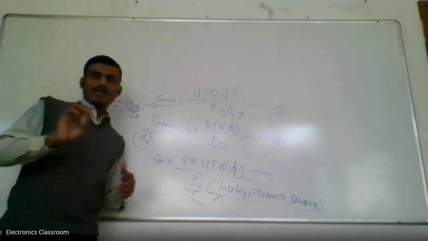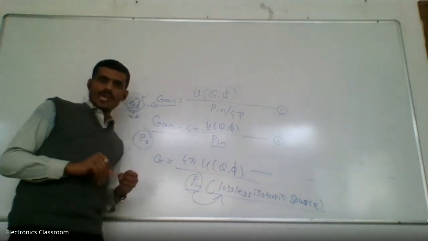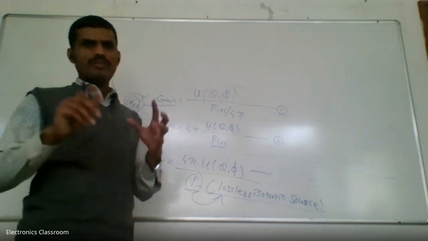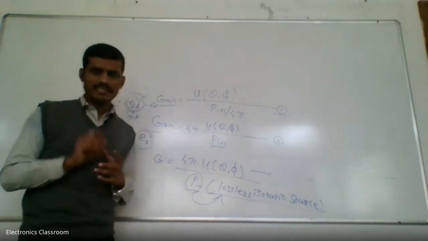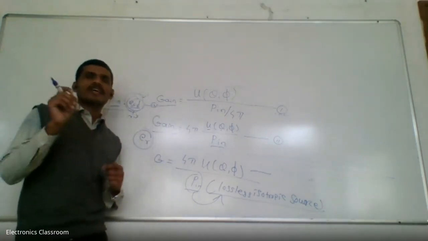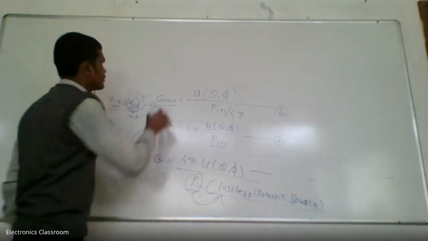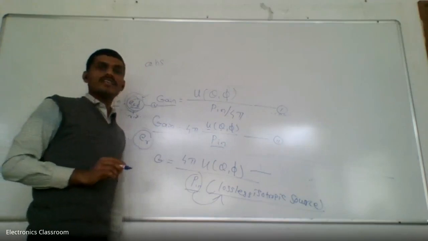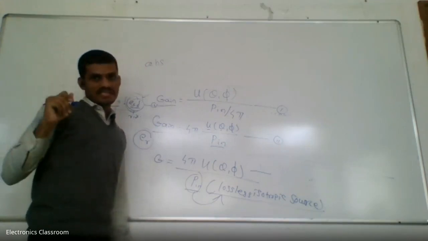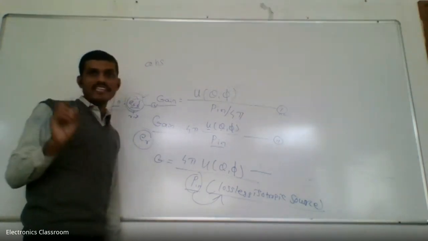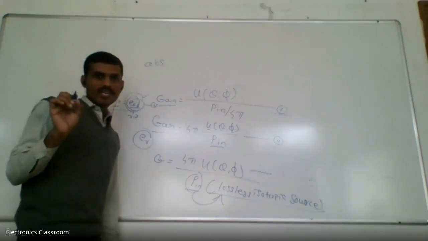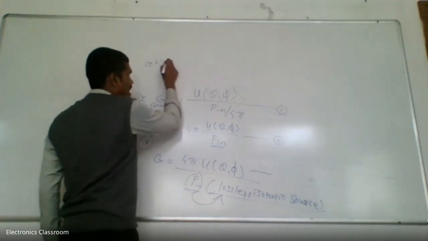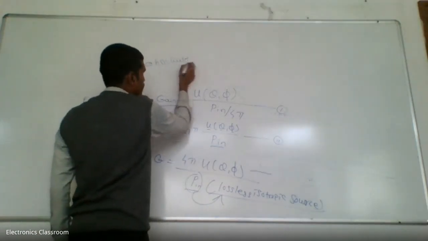Now, at that time we are considering two different gains. One is simple gain, that is G, and the other gain is referred to as ABS. What is ABS?